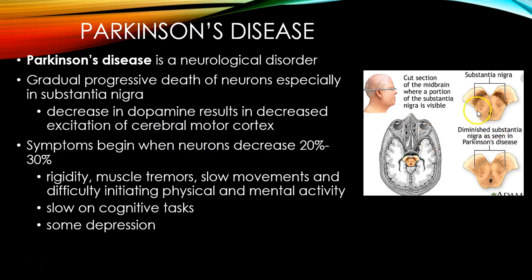You can see the substantia nigra right here, and these areas here would be normal. The dopamine-producing area is very black in color, and you can see the diminished substantia nigra. The black color is almost all gone in patients with Parkinson's disease.